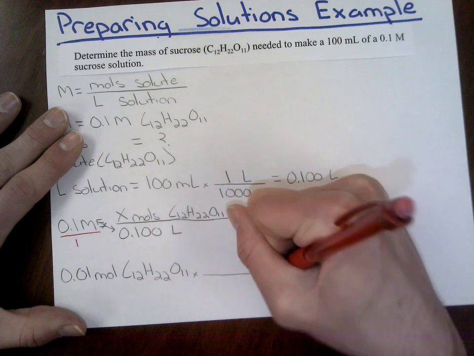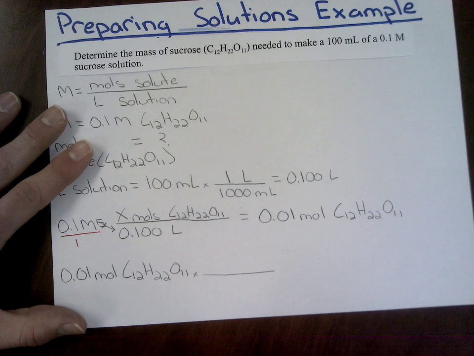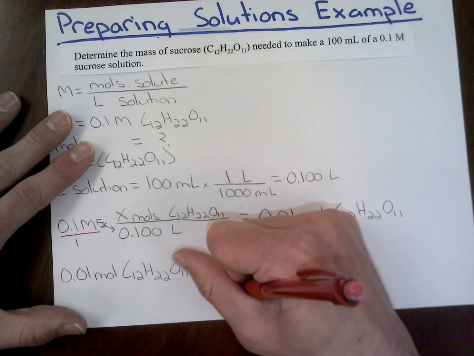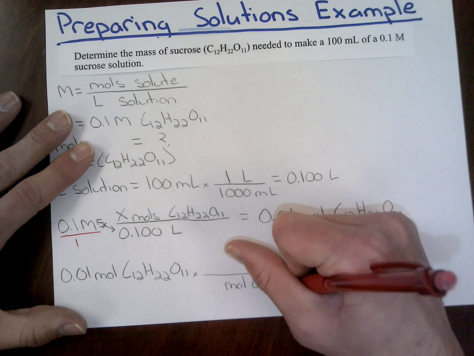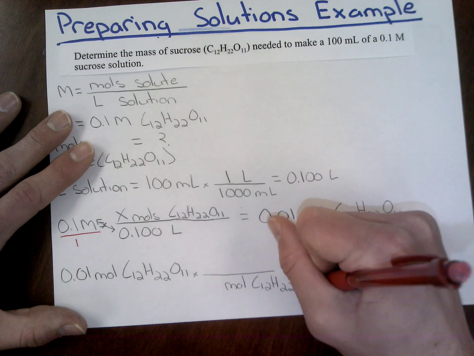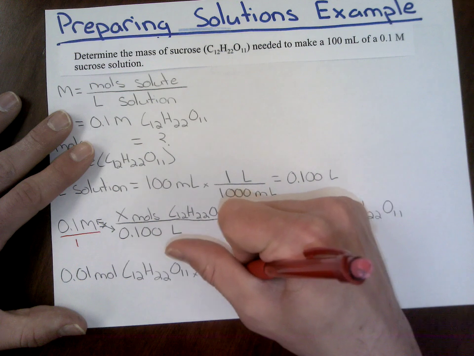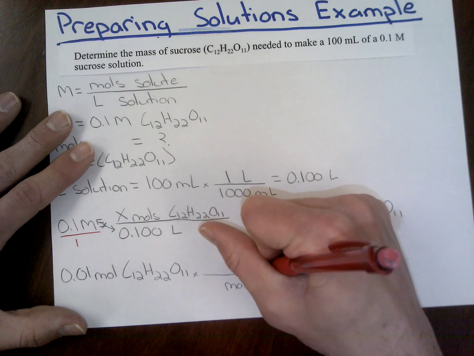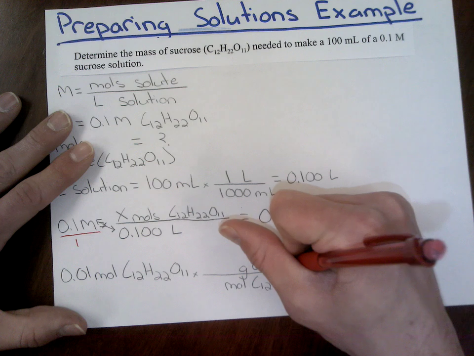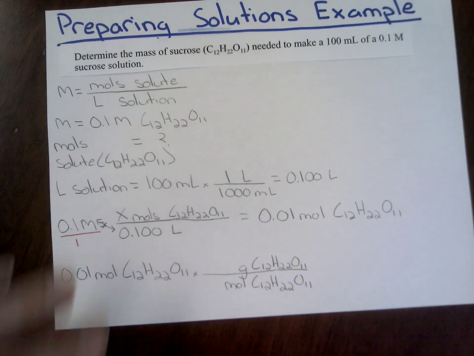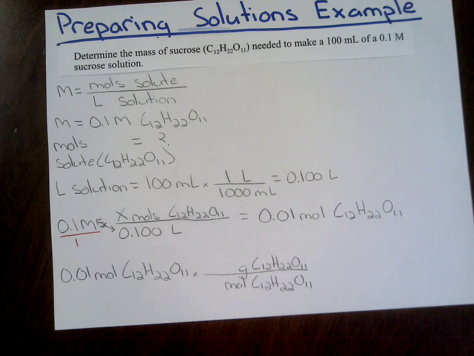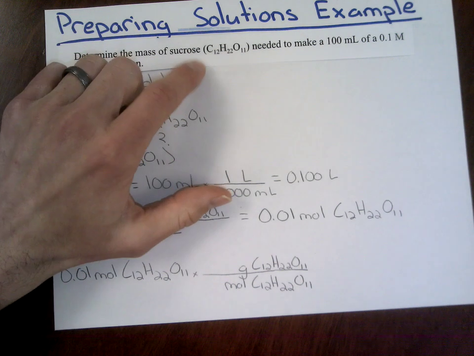We're going to cancel out moles of C12H22O11, and on top we can finally put grams of C12H22O11. Now, we could take the time, use the periodic table, and find the molar mass, or you can just look it up online, and that's what I did here.